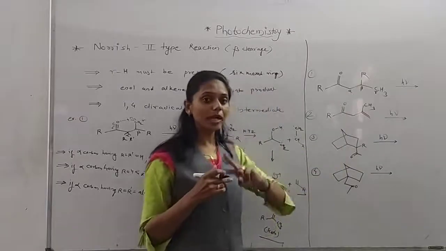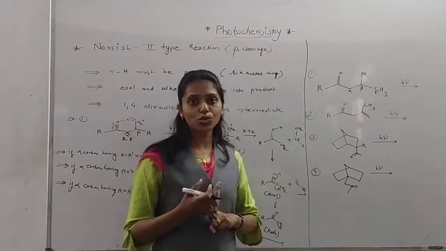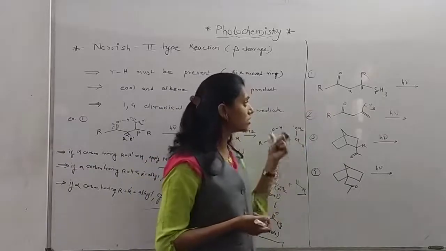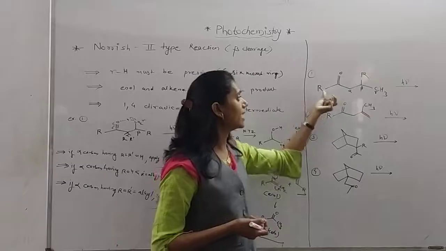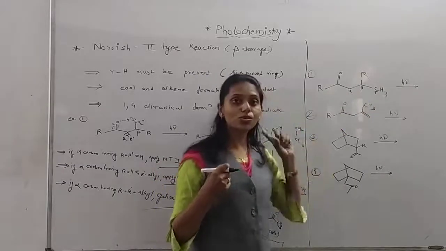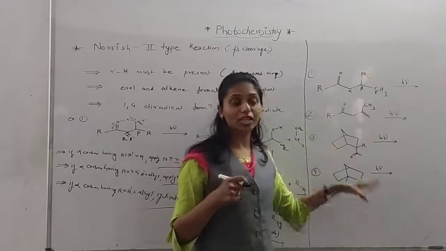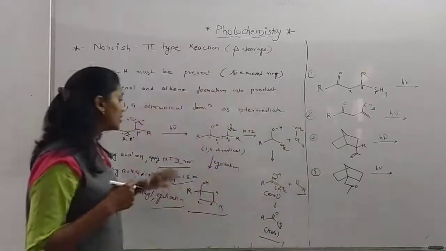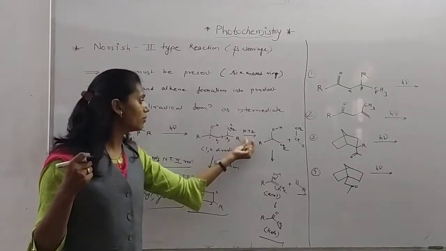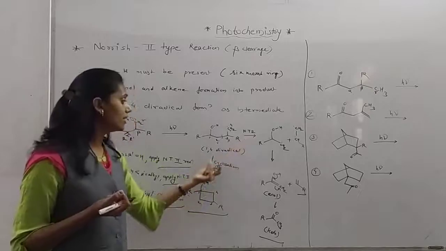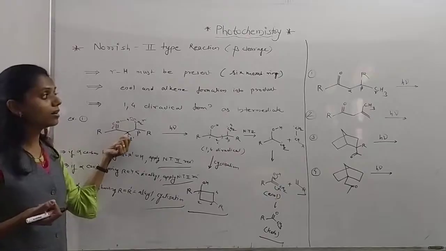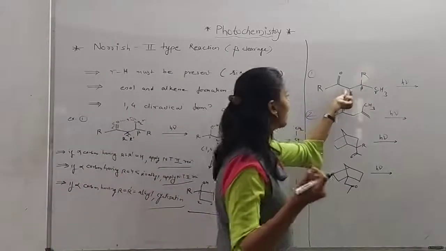Then we use two types of reaction, Norrish 1 and Norrish 2, and we have studied Norrish 1 already. Then you observe that if a gamma hydrogen atom is present, then you go through the Norrish type 2 reaction, in which we decide whether to perform cyclization or Norrish type 2. This is decided according to which alpha group is present.